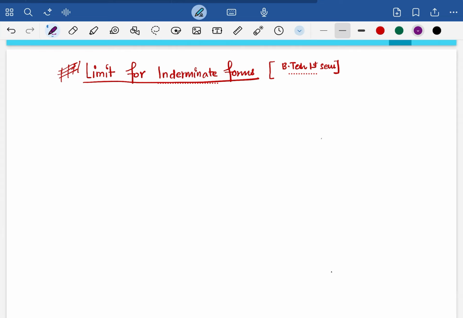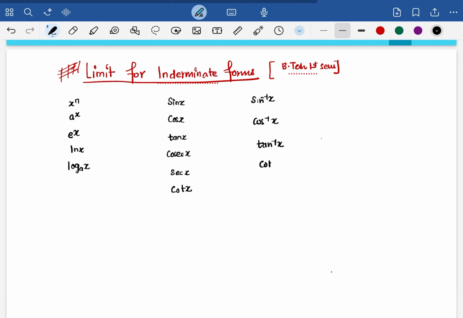So let's first recall some of the basic differentiations, that is x to the power n, e to the power x, ln x, and log a x, sin x, cos x, tan x, cosec x, sec x, and cot x, and similarly sin inverse x, cos inverse x, tan inverse x, cot inverse x, and also sec inverse x, cosec inverse x.